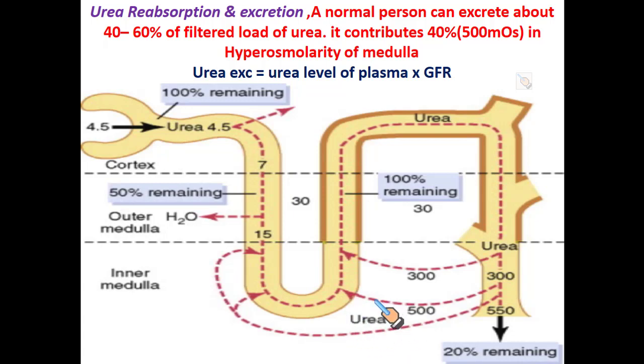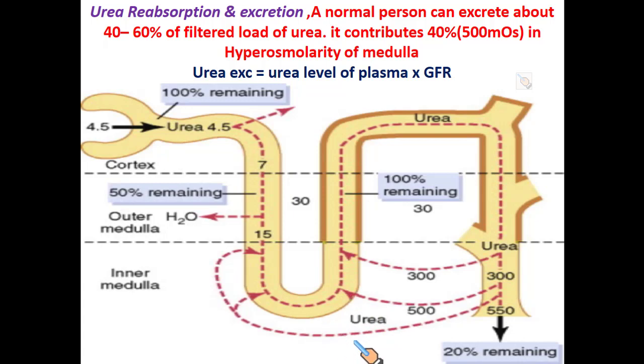I'm not going into details of how urea is produced, but urea is basically produced from ammonia, or you can say the ammonium ion NH4. Ammonia or the ammonium ion is highly dangerous, more toxic compared to urea.